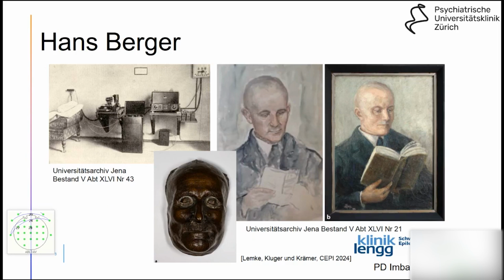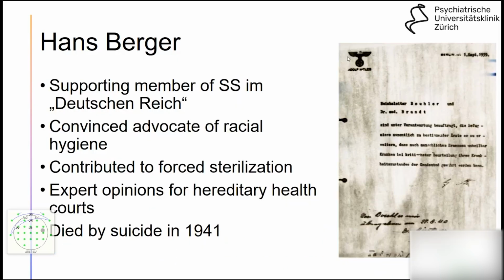You also see a few pictures of Hans Berger painted by some artists. And what's also important to mention, because in psychiatry many people have done bad things and got away with it: Hans Berger also was a Nazi.